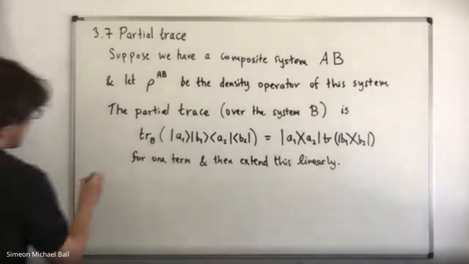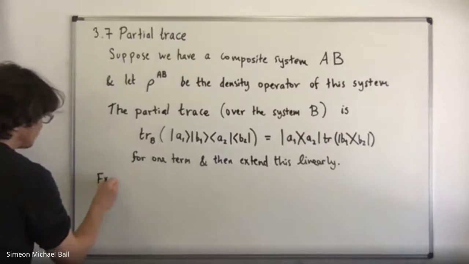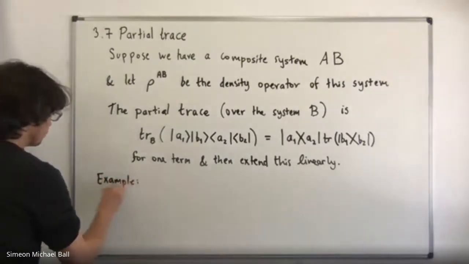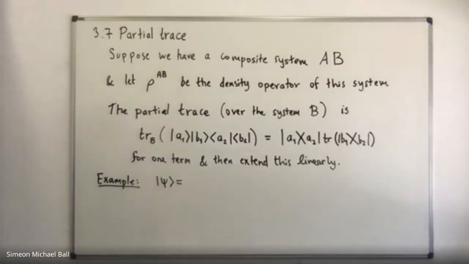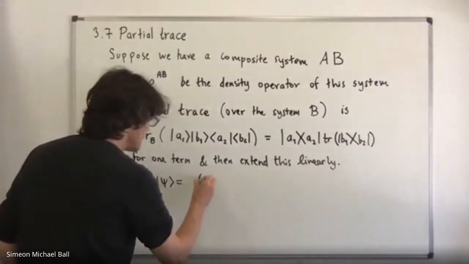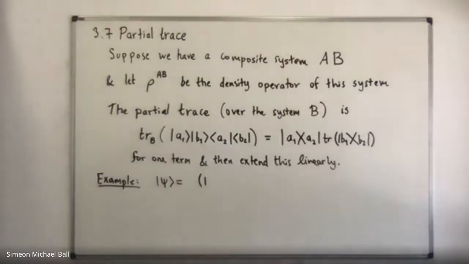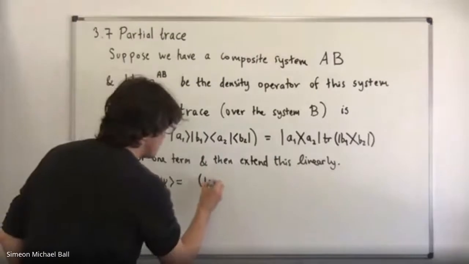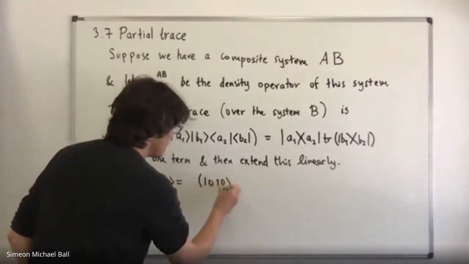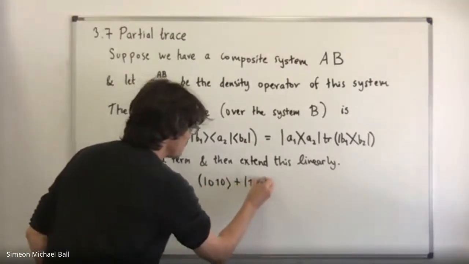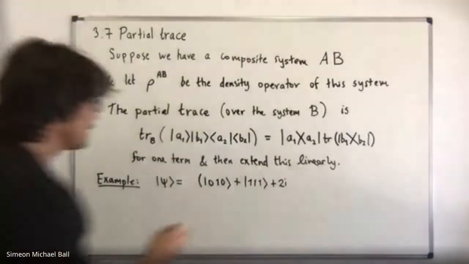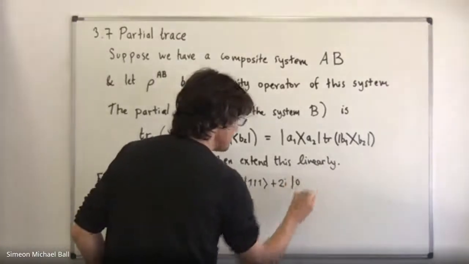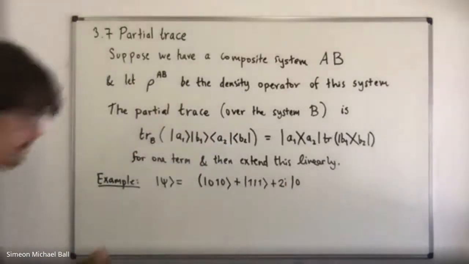Here we have psi. This is defined on a 3-bit system. So that's 0, 1, 0, 1, 1. I thought I'd be a bit inventive and put some complex coefficients in there. 2, 1.